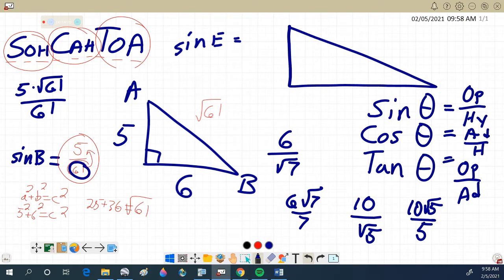Does that simplify further? How many times does 5 go into 10? 2 root 5. So anytime you have a square root in the bottom of a fraction, move it to the top, and then write the number inside the square root on the bottom.